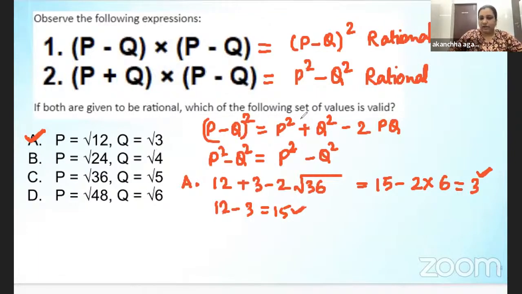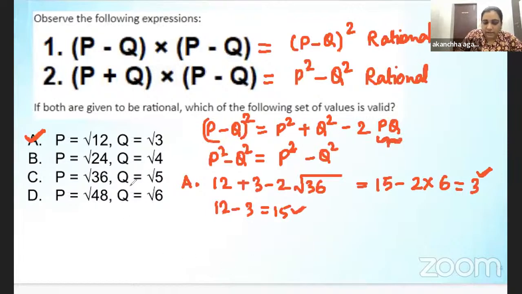I'll just tell you one thing over here. Remember, even if we have a number inside a root, the square of it will always be a whole number. Like if you had root 12, P square will be a whole number. If you have root 3, square will be a whole number, that is 3. Same goes for P square, Q square in the second identity. The only problem is this term PQ.